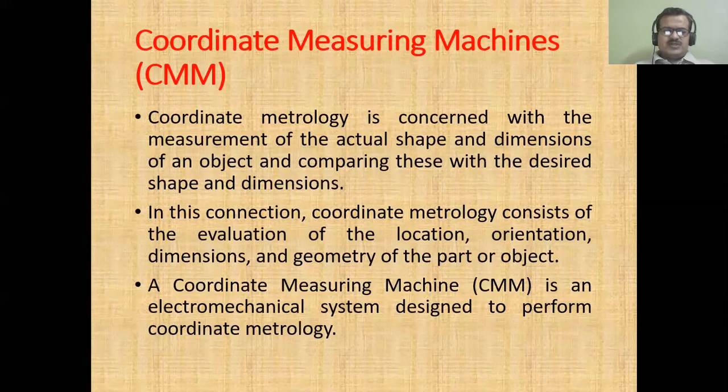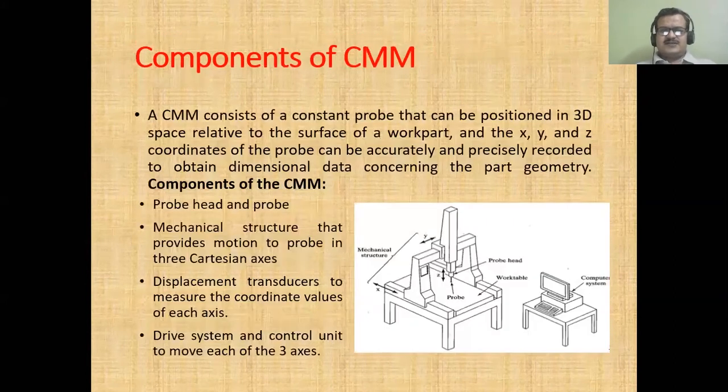So a coordinate measuring machine is an electromechanical system designed to perform coordinate metrology. Let us see this figure here. You can see the most important component is the probe. This is the probe. This is the probe head. So first is the probe head and probe. Then second is the mechanical structure, on which the probe is mounted.